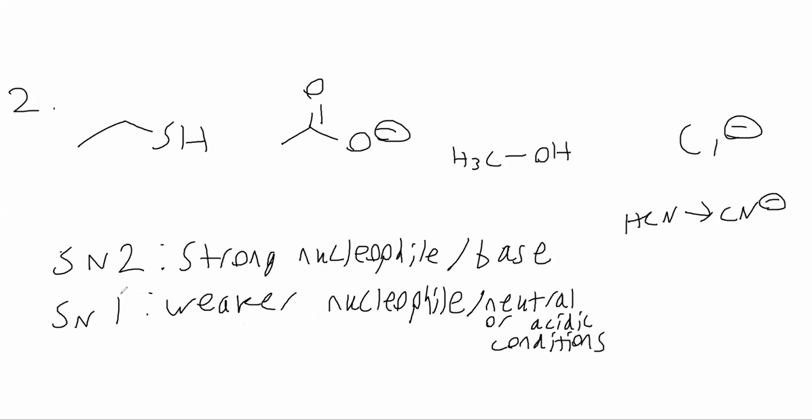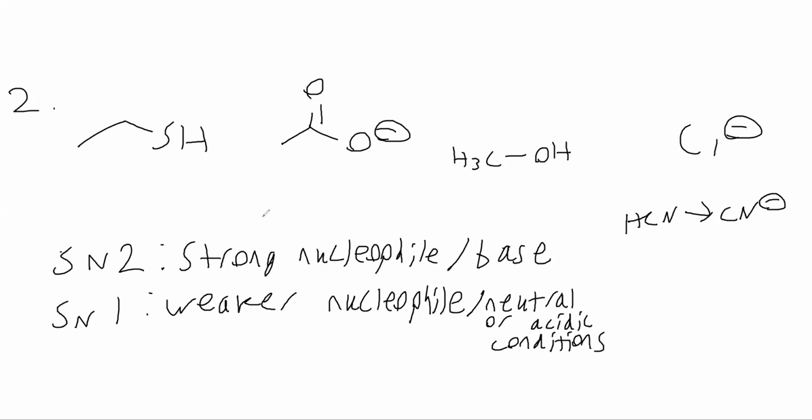But if you used a base, you would do an E2 reaction, which you learned about today. So instead of getting an SN1 reaction where you do substitution, you'd get elimination if you use the base. But if you use a weaker nucleophile or an acid, then you're not going to do E2. So that's the reason for the weaker nucleophile.